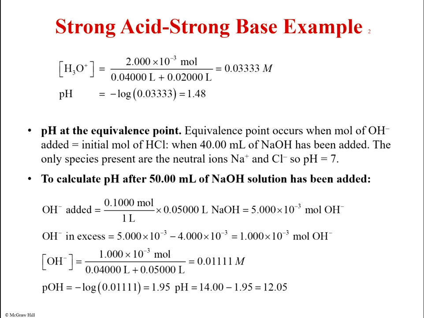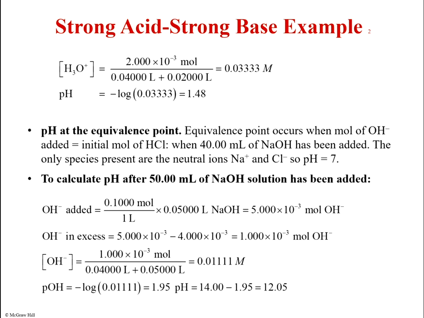At the equivalence point, the pH is 7, as we said before, because we've added equal amounts to produce water and neutral ions, sodium and chloride. After the equivalence point, the pH is calculated as follows. For 50 milliliters of sodium hydroxide, now hydroxide is in excess. We can calculate the moles of OH added, which is 5 times 10 to the minus 3.